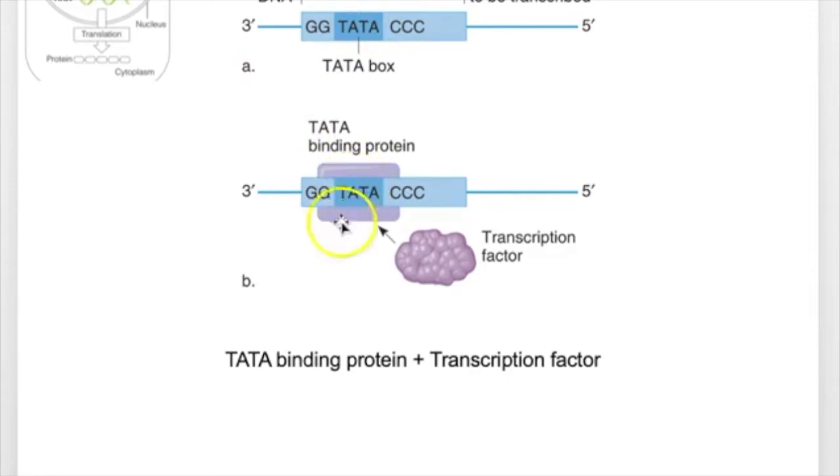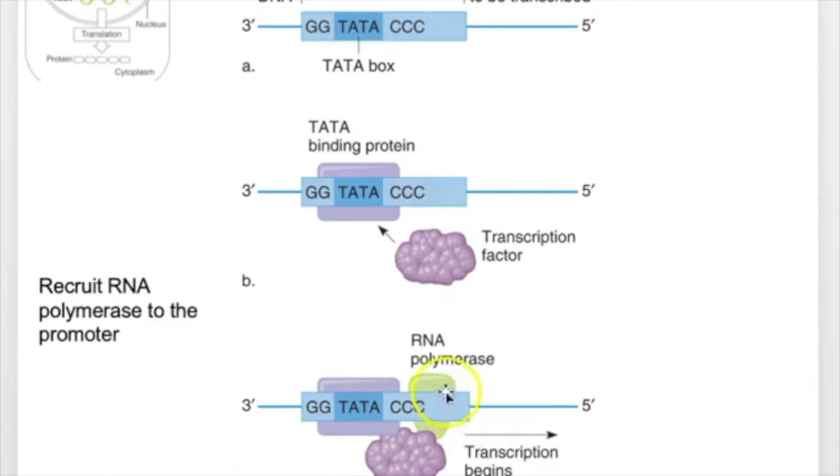And then a transcription factor comes and binds to that TATA binding protein, and you have to have both of those. So they come and they bind to the consensus sequence embedded within the promoter region. And then what that does is it recruits RNA polymerase to come and bind the DNA.